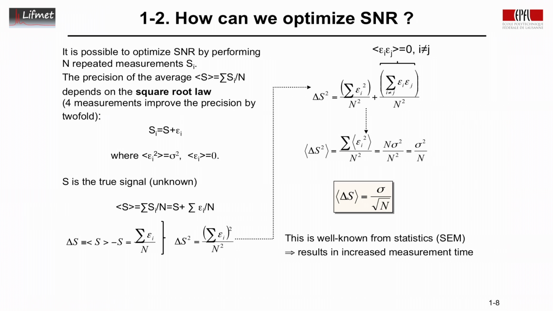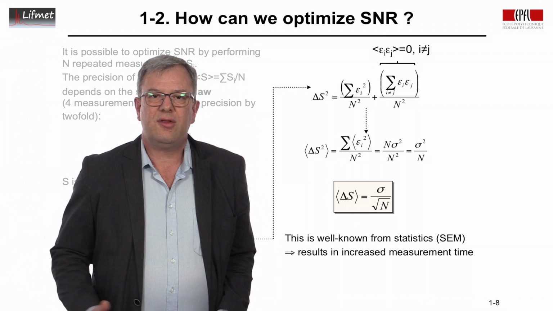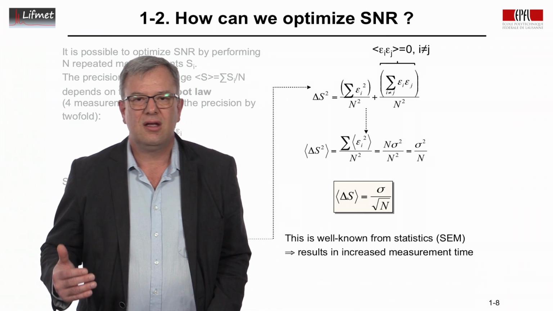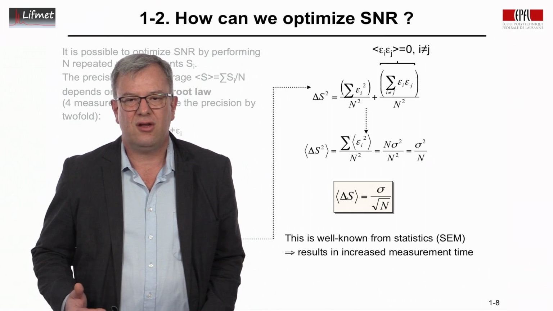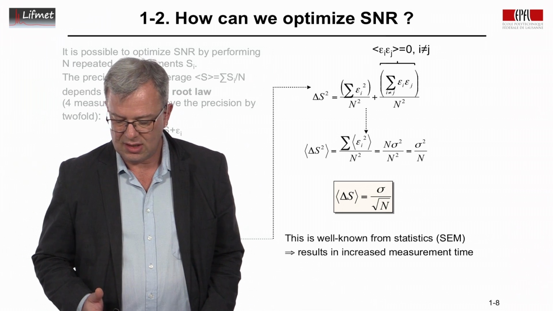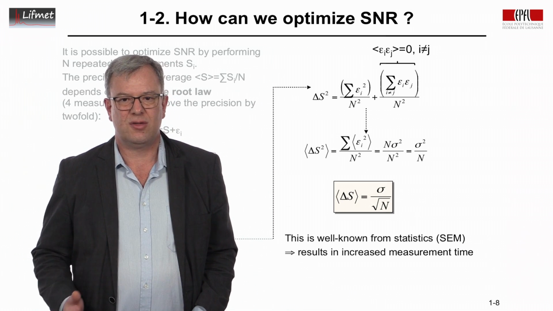This is known very well from statistics. I've re-derived here a fairly standard formula. What this means is that if we want to improve the signal-to-noise ratio by repeated measurements, we have to increase the measurement time.